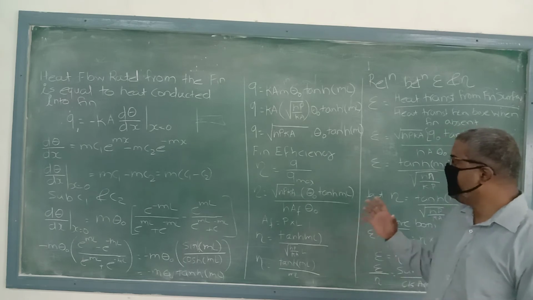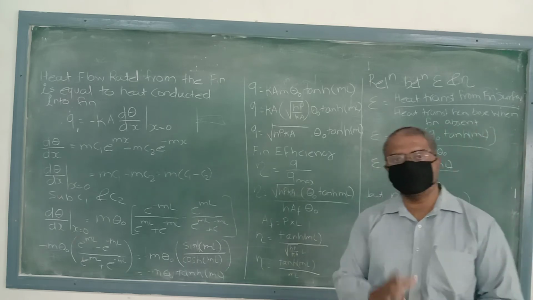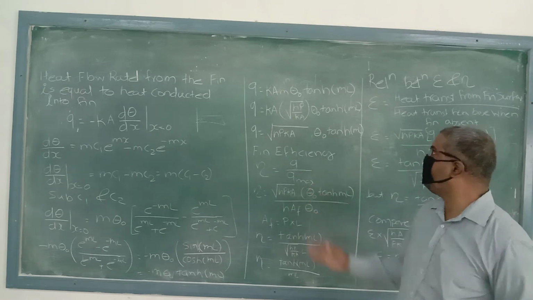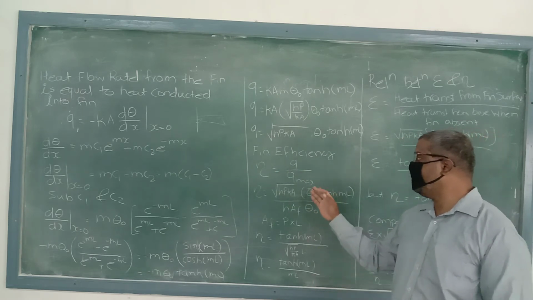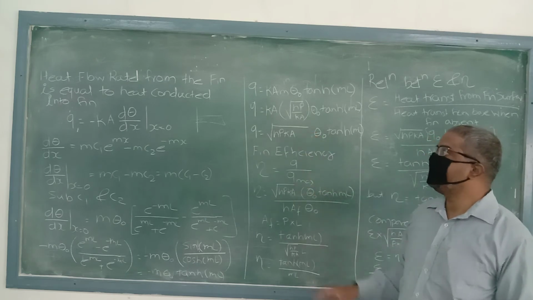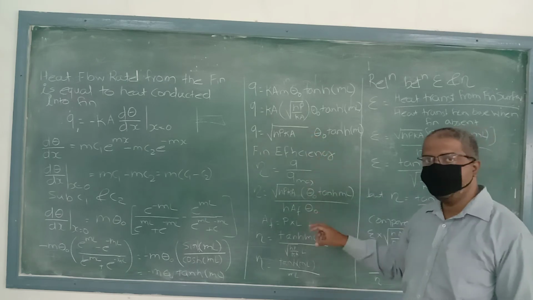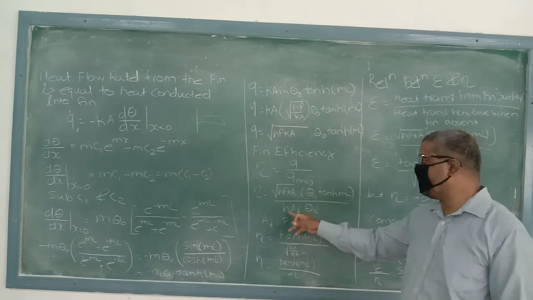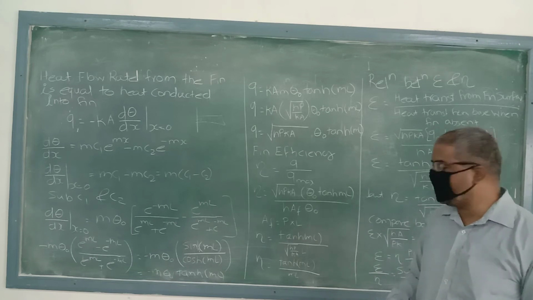So this is the efficiency of the fin. Once again I am repeating, the efficiency of the fin we have calculated as Q upon Q max, and in this equation Q we have substituted, that is the heat flow from the fin, upon Q max, that is hAΔT, which we take as h A_f into θ0.